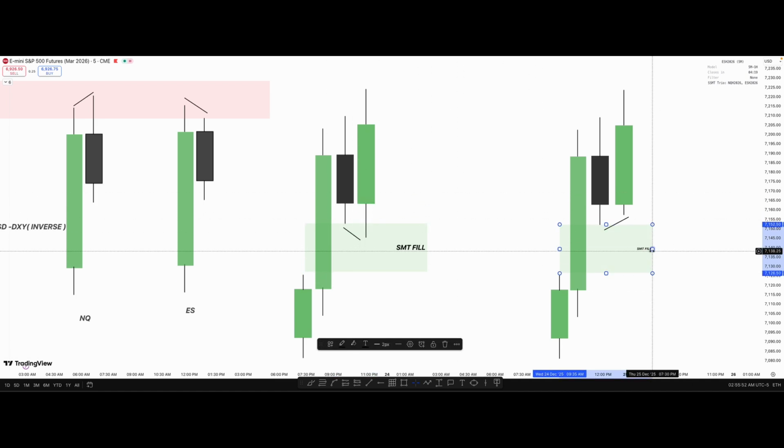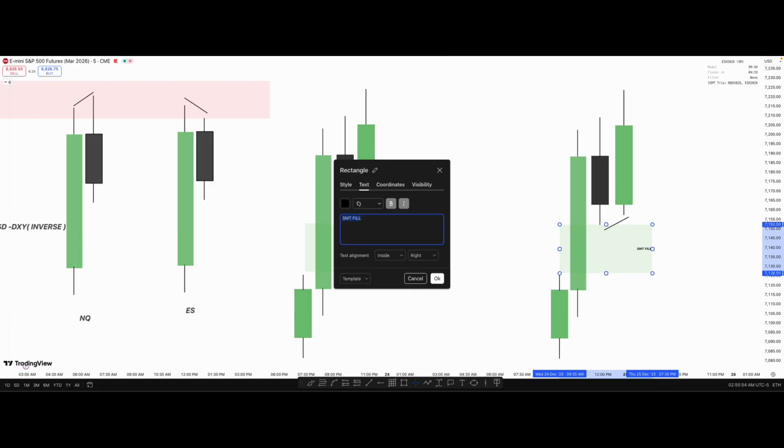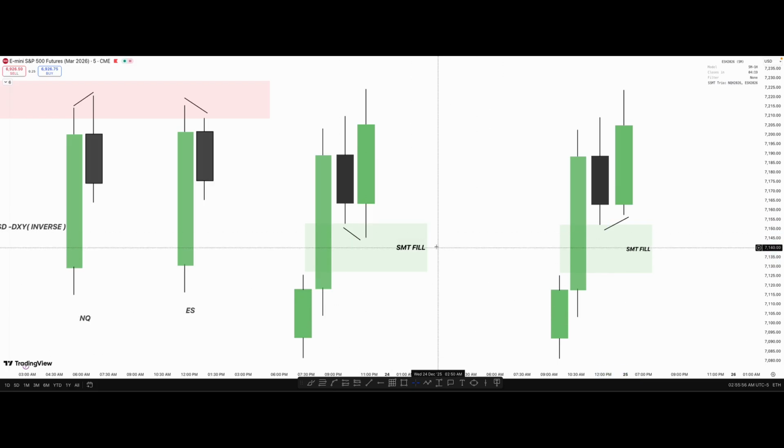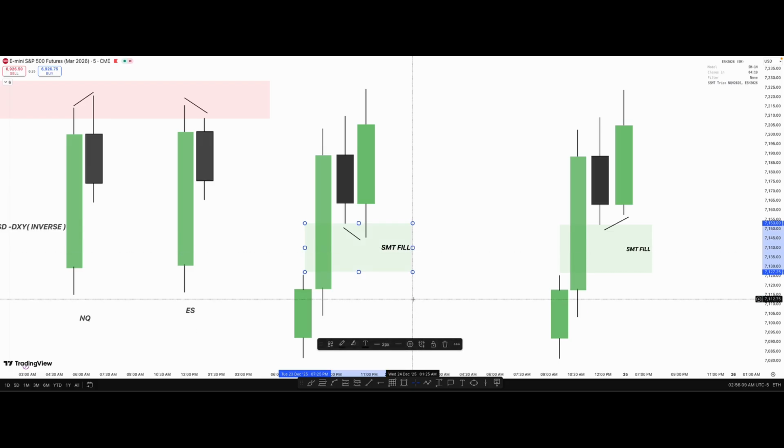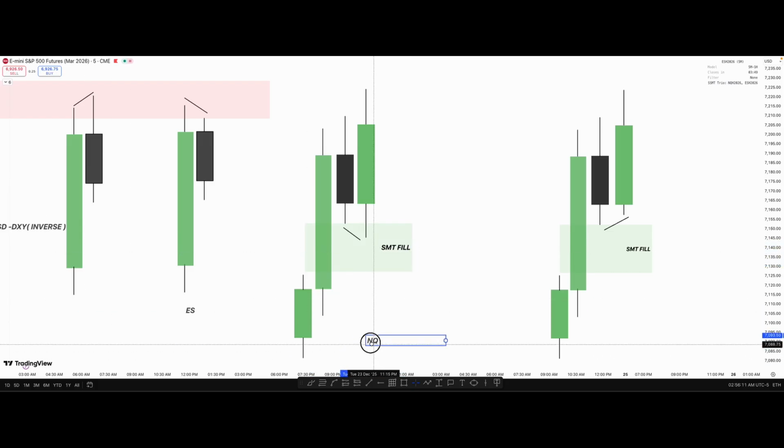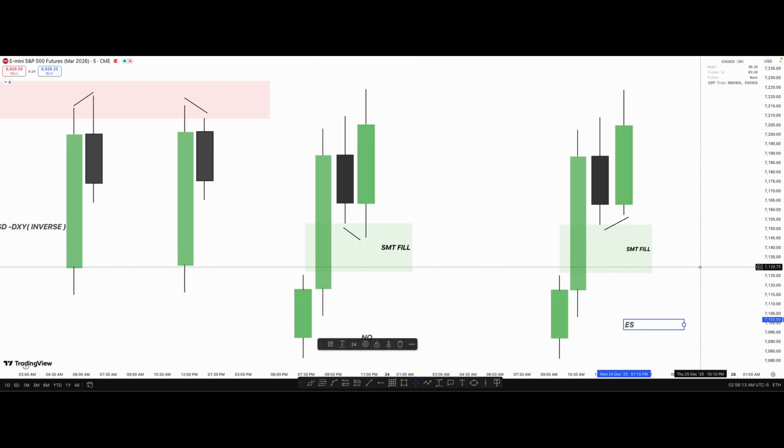What is happening here? We have a candle SMT. This candle's low was taken out by this, but this one failed to take out. So this occurrence is what? This fair value gap. Suppose this is NQ and this is ES.